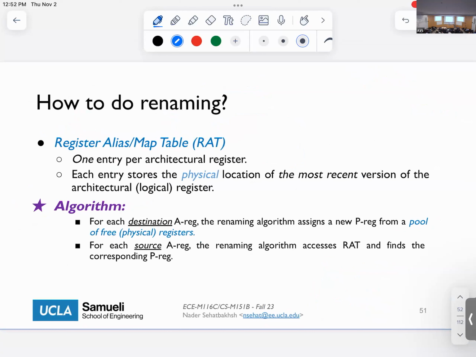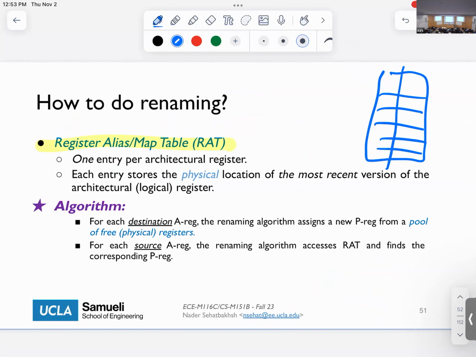We're going to use this thing called the register alias table, or RAT, okay? It's a table that has multiple rows and basically two columns. The left side of this table is your architectural register. So this would be your X0, this would be your X1, this would be your X2, all the way to X31. So you need to have 32 rows.